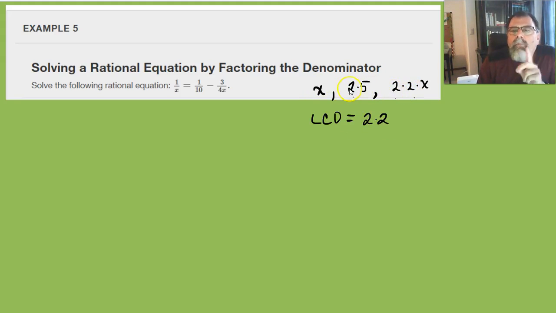I got 0, 1, 2. Now for 5, I got 0 5's, 1 5, 0 5's. So I need 1 5. X's, I got 1, 1. So I need 1x. So then my LCD would be 20x. So I'm going to multiply everything by 20x.